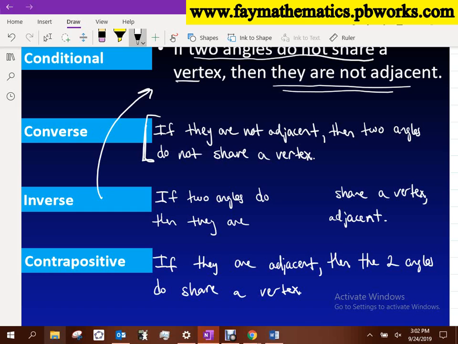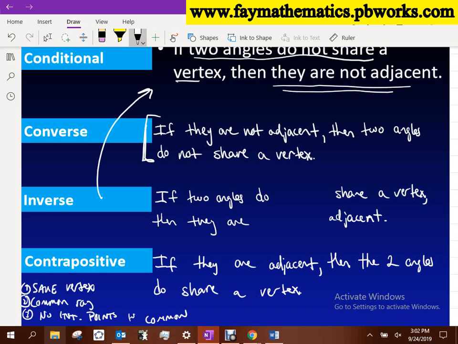Remember what adjacent means. Adjacent means, okay, same vertex, okay? They have a common ray, and no interior points in common. That's what it meant for us to have two angles to be adjacent. That's the definition. Okay?